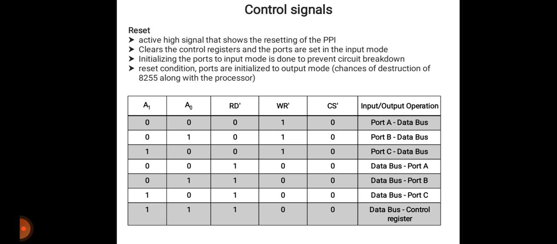Then when the input is 00100, at that time the data bus acts as port A. Then 01100, the data bus acts as port B. Then 10100, at that time the data bus acts as port C, and if 11100 is input, then the data bus acts as the control register. So in this manner this will work.